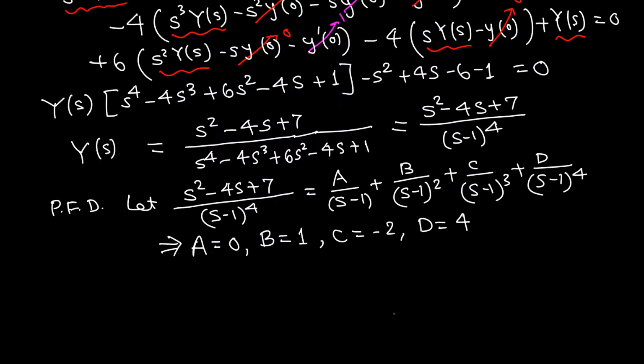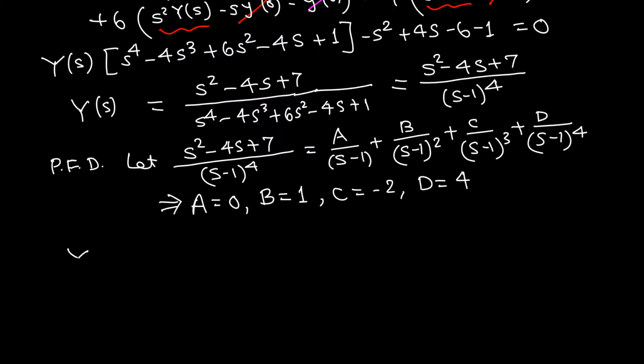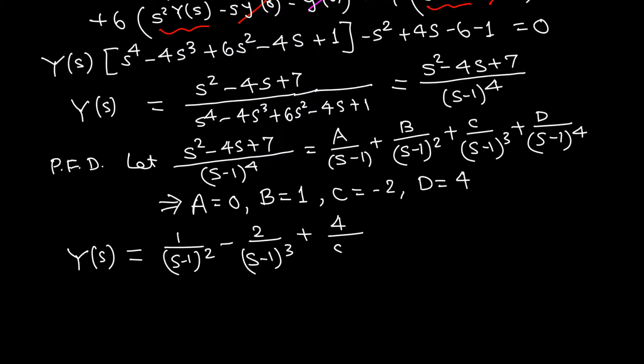So Laplace of y is equal to 1 over s minus 1 squared, plus negative 2 over s minus 1 cubed, plus 4 over s minus 1 to the fourth.